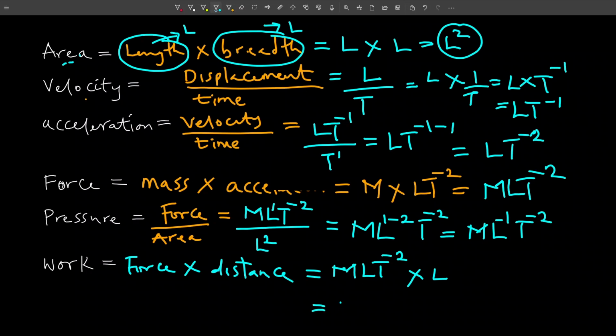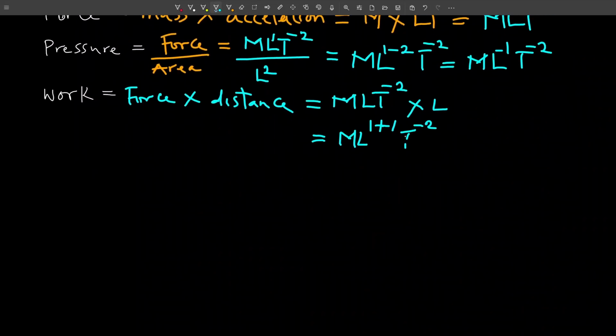It's going to give me M. Since we have L raised by 1 and L raised by 1, we have L raised by 1 plus 1. Why am I adding in this case? Because we're having multiplication. When you have division, you subtract. Then T raised by minus 2. So what am I going to have? I'm going to have M L raised by 2 T raised by minus 2.